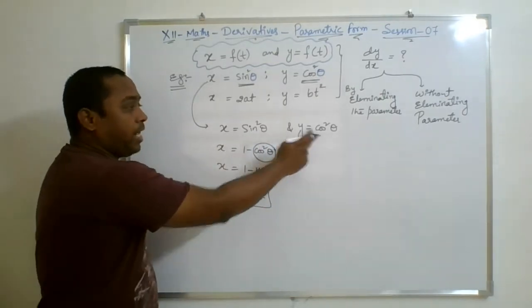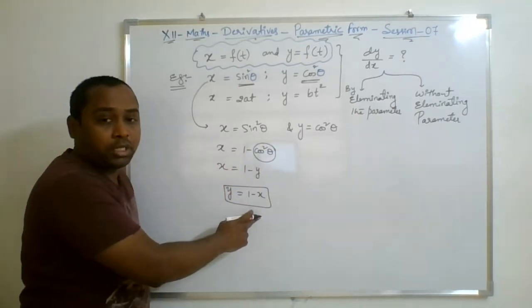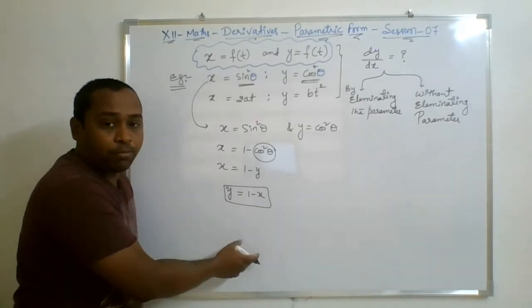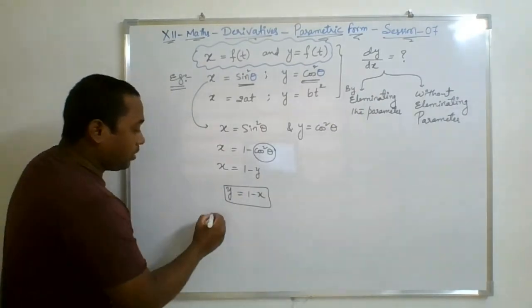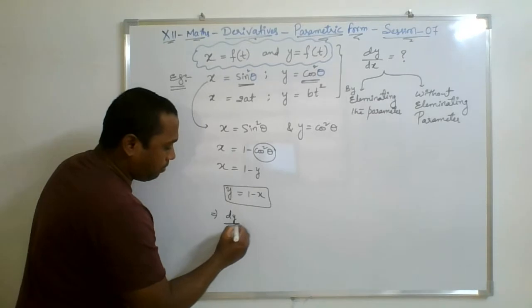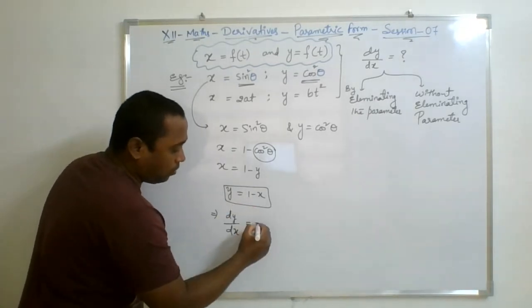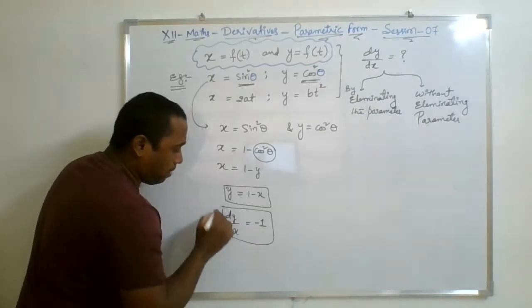Once you eliminate that parameter, you get a simple equation in terms of x and y. Then you can go for the derivative process to get dy by dx. If you do the derivative of this function, then dy by dx is equal to the derivative of 1, which is 0, and the derivative of x is 1. So your answer is minus 1.